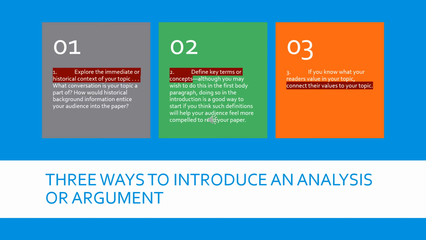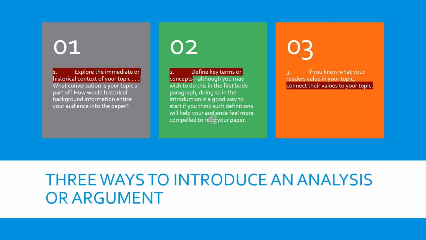The second idea is to define key terms or concepts. Although you may wish to do this in the first body paragraph rather than the introduction, doing so in the introduction is a good way to start if you think such a definition will help your audience feel more compelled to read your paper. And then another way to introduce your paper is, if you know what your readers value in your topic, connect their values to your topic.